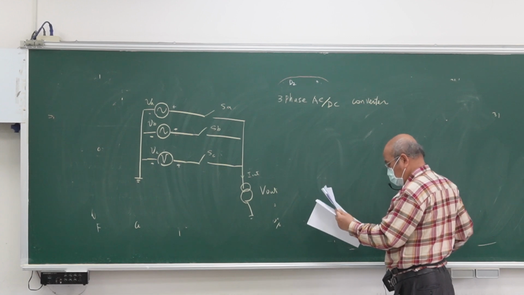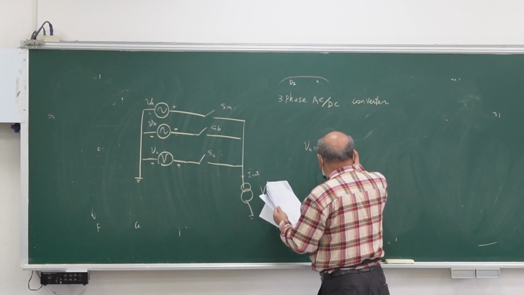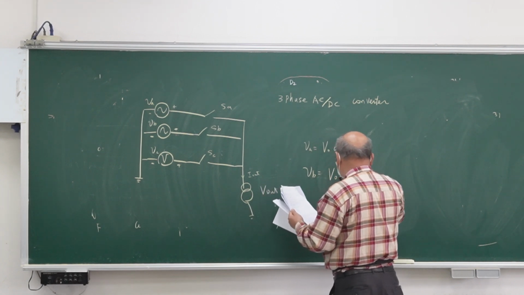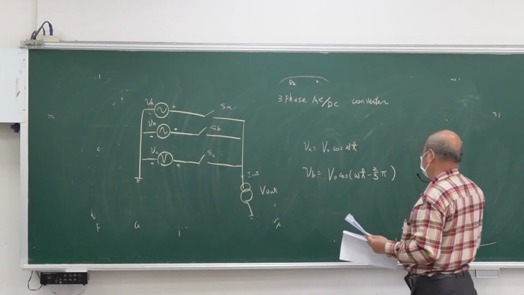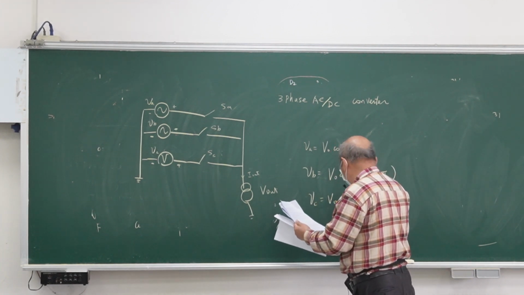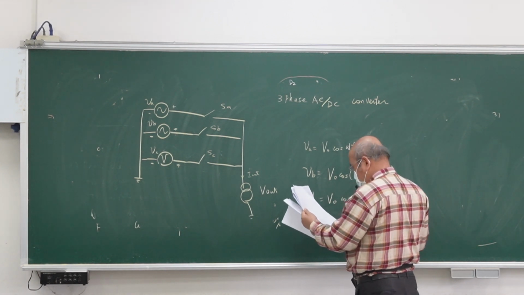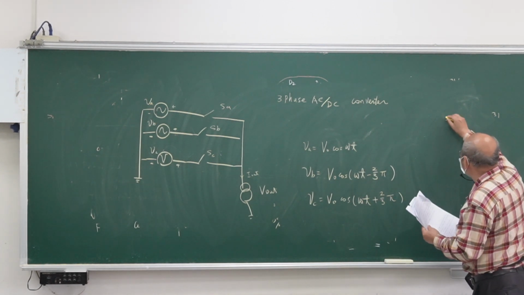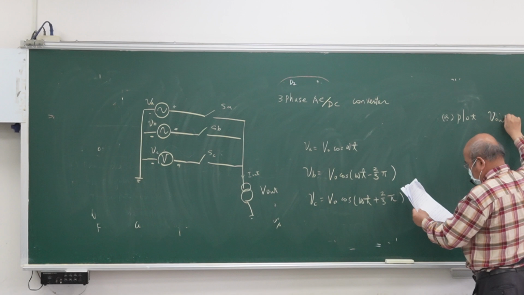Now it says V A equals V O cosine omega t, V B equals V O cosine omega t minus 2/3 pi, and V C equals V O cosine omega t plus 2/3 pi. So the equation 1, plus V out.